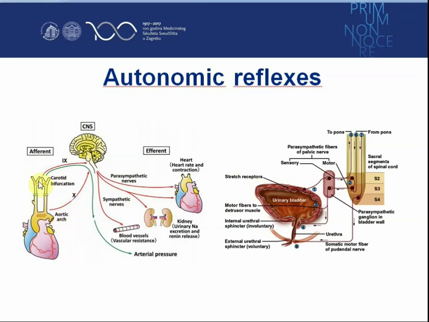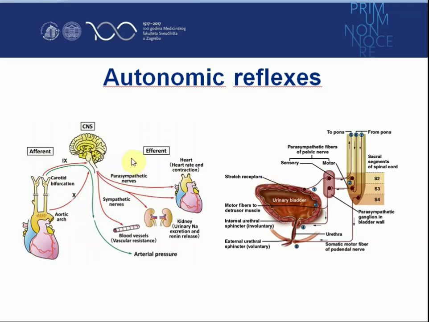Afferent fibers run with the corresponding autonomic or cranial nerves, and these stimuli result in the activation of the relevant efferent part of the autonomic system. Some of these arches continuously monitor the activity of the autonomic nervous system.